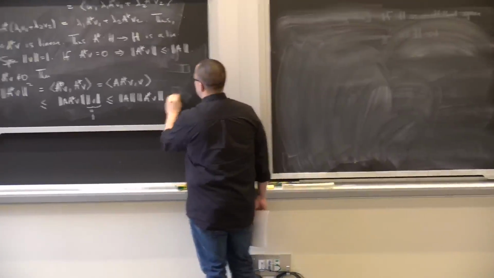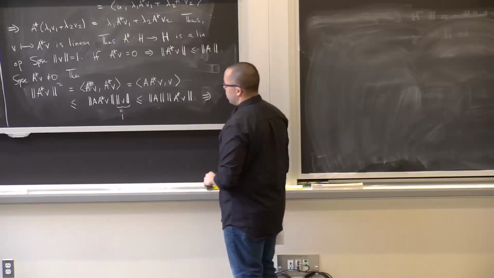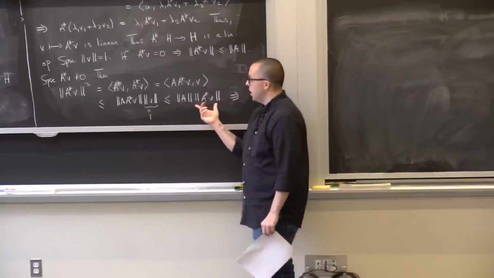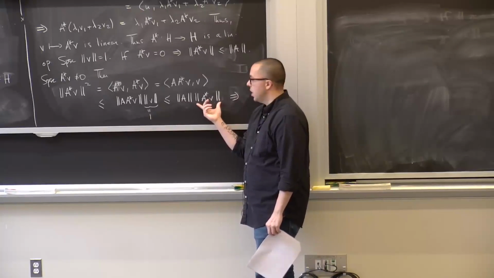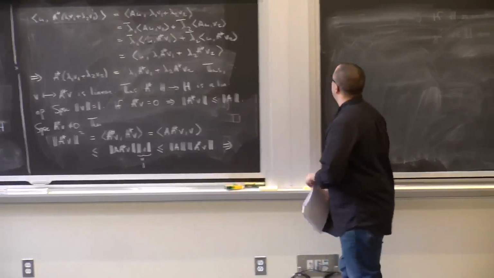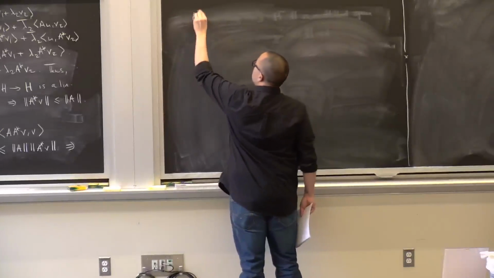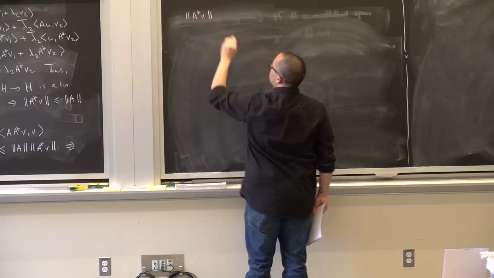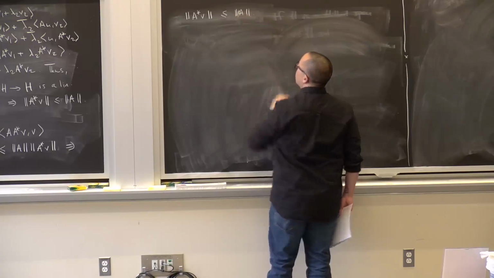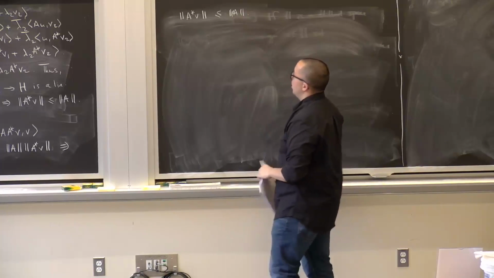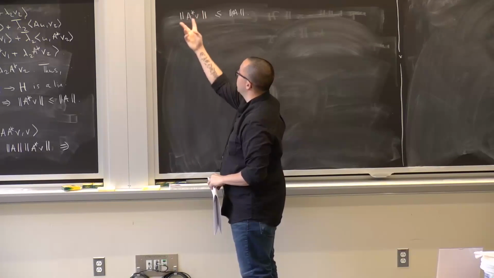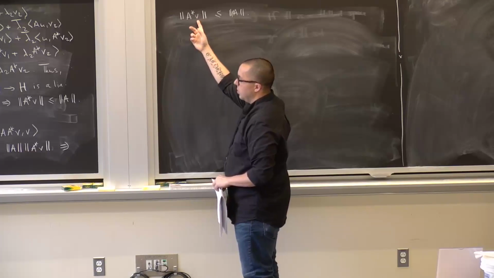And therefore, we started off with the norm of A star v squared less than or equal to the norm of A times the norm of A star v. This is non-zero, so I can divide by it and conclude that the norm of A star v is less than or equal to the norm of A. Now remember, the norm of a linear operator is the sup of this over all v which have length 1.